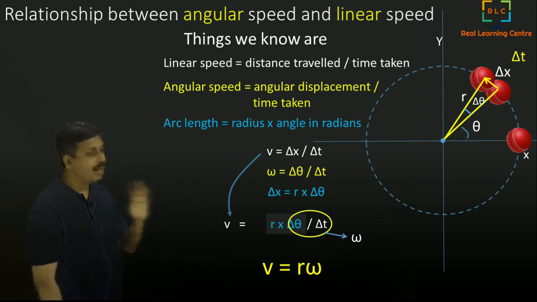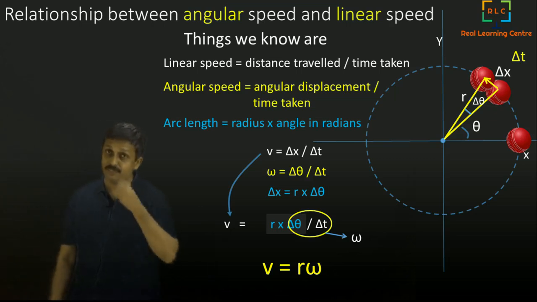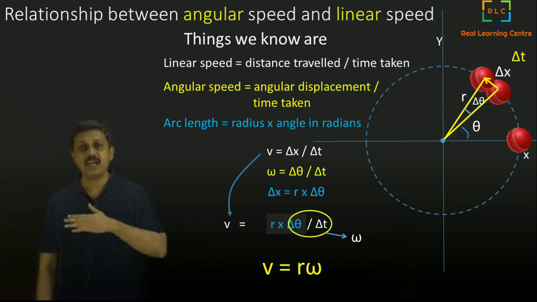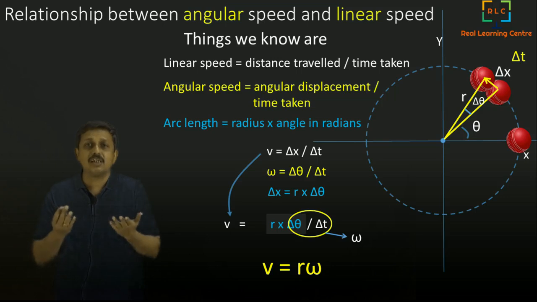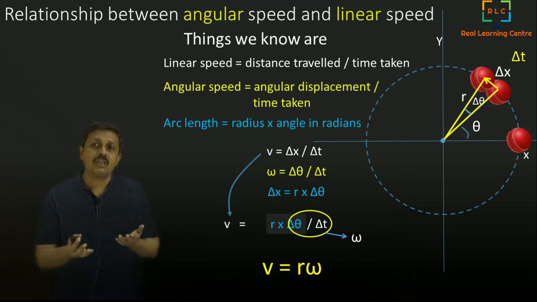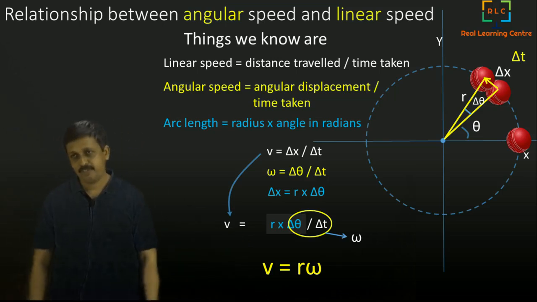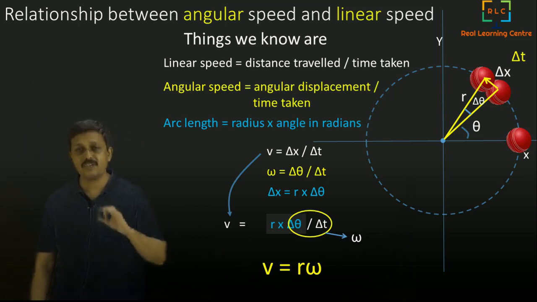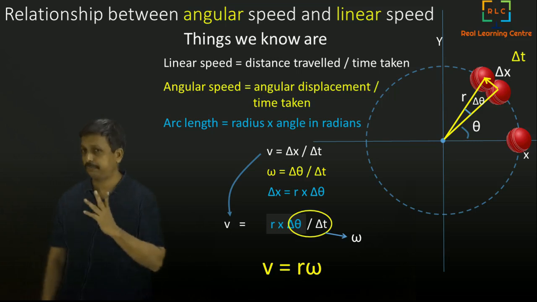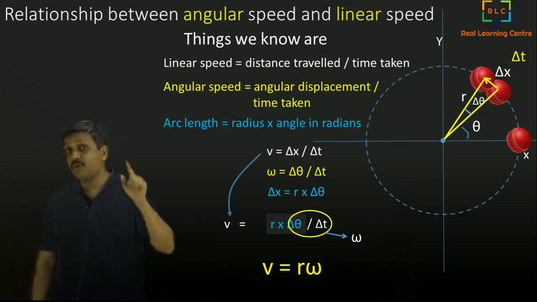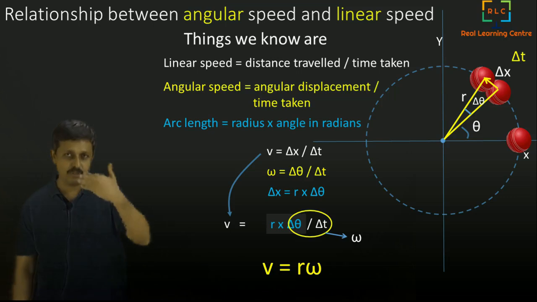So, V is equal to r omega is the formula that we have to remember. Whenever we want to convert angular speed into linear speed or vice versa, we can use this relationship. This is one of the most important fundamentals of circular motion. There is one more fundamental of circular motion, we will go to that now.